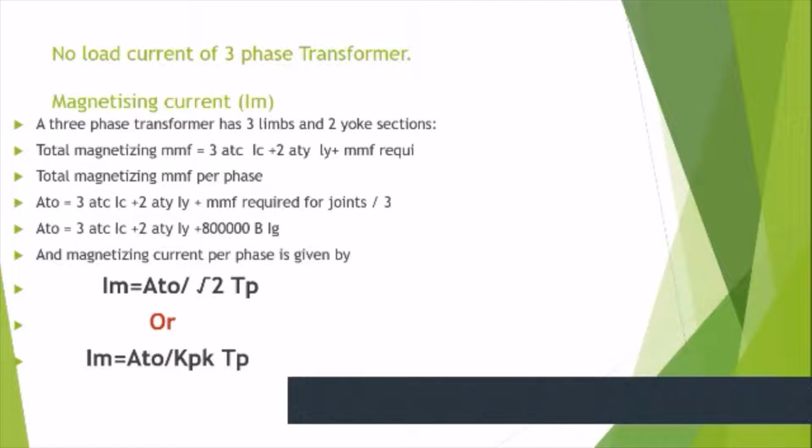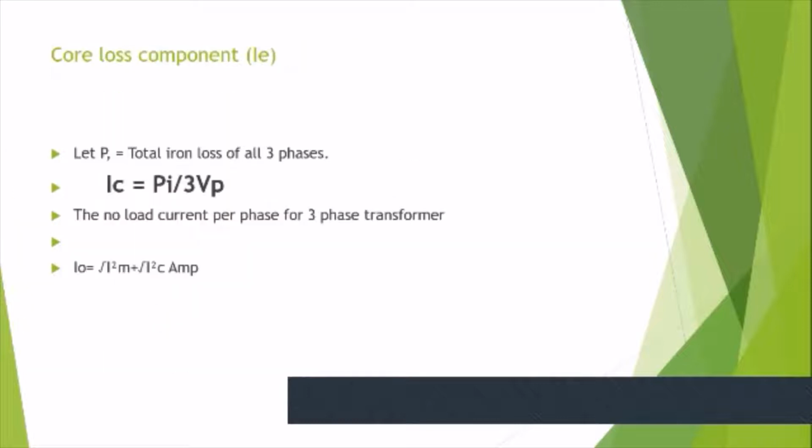So here is the equation for the no load current of a three-phase transformer. As you can see, here is the total iron loss of all three phases.